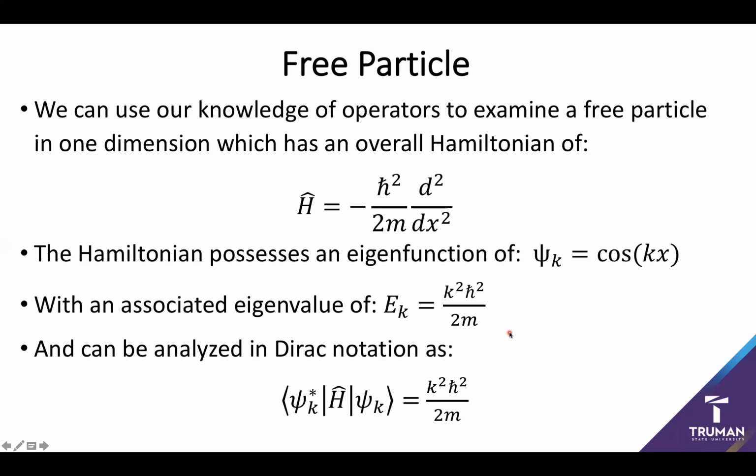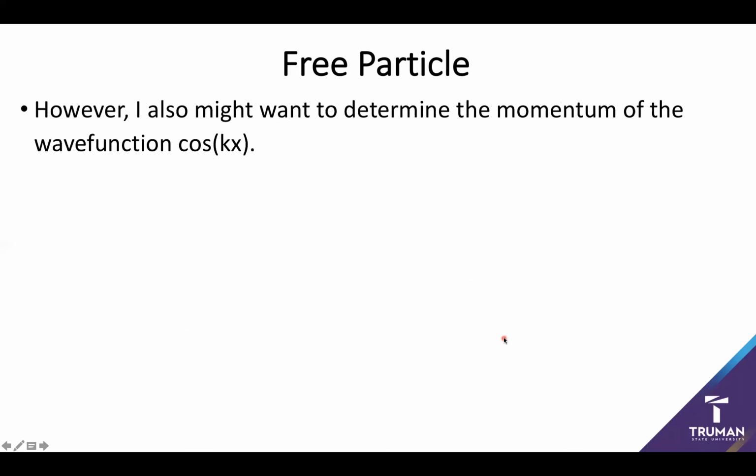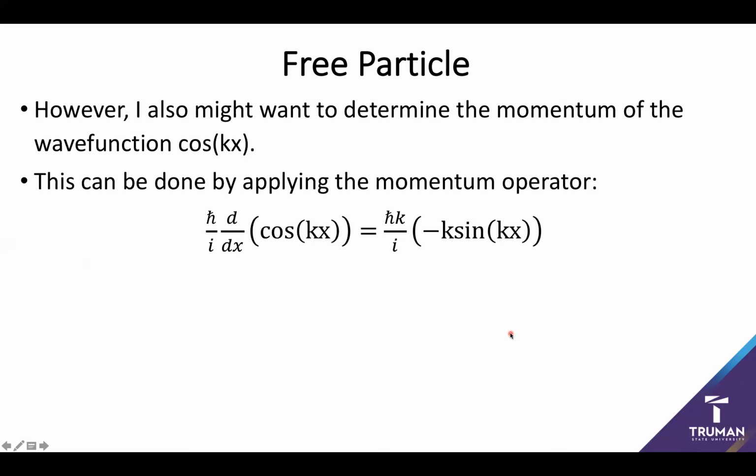However, part of the trick is that I might not just want to know the energy of the system. I might want to know other properties. A simple one is the momentum of this wave function. I can determine the momentum by applying our momentum operator, h bar over i, first derivative.